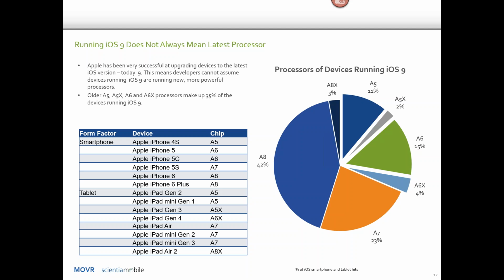It's also worth noticing that the A5 and A5X processors are actually the iPad Mini first generation and the iPad 2, and those tablets are among the most popular tablets out there still. Right. So yeah, iOS 9 doesn't necessarily mean that you have a powerful device.